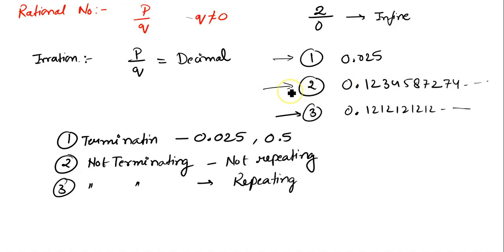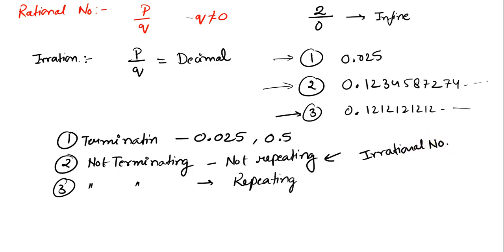But the non-terminating, non-repeating one is difficult to convert into p by q form, because we don't know up to which place it goes and how many zeros to put into the denominator, and the method we use to convert repeating decimals is also not possible here. So this is something unique, and that is what we call an irrational number.